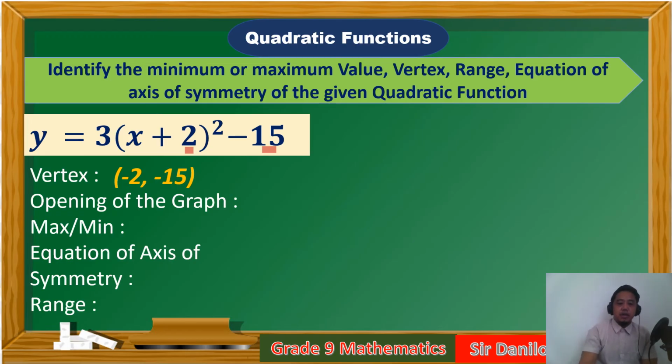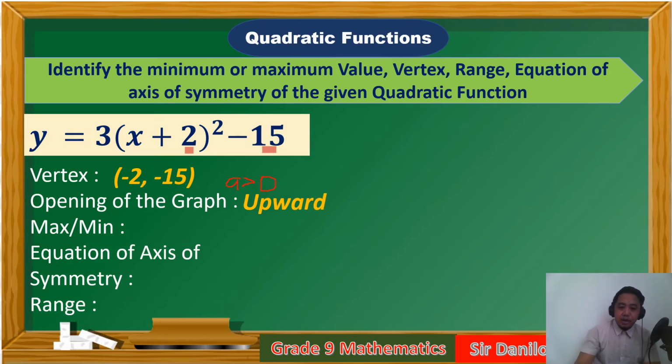Yan. Opening ng graph, titingin ka sa A. Diba? A is positive. No? Pag opening ng graph, A is greater than 0 tayo dito, ha? Kasi positive yan. So, pag opening ng graph mo is upward yan. Okay? Upward. Maximum o minimum?